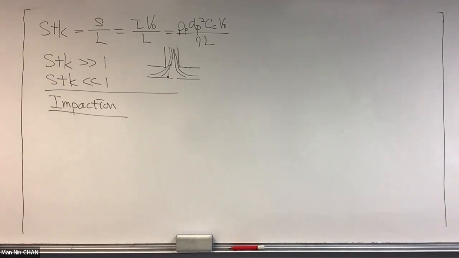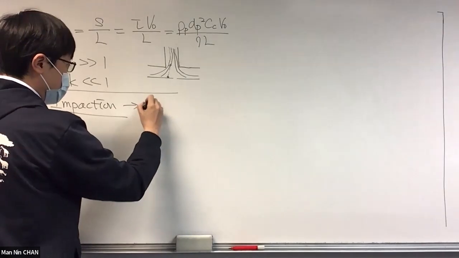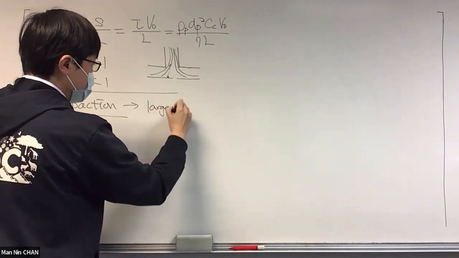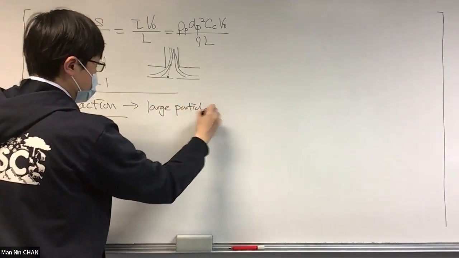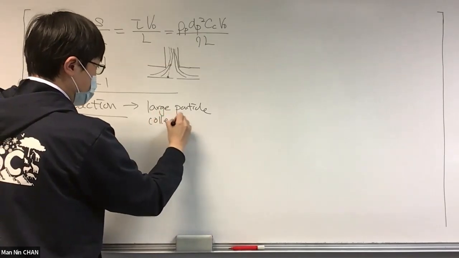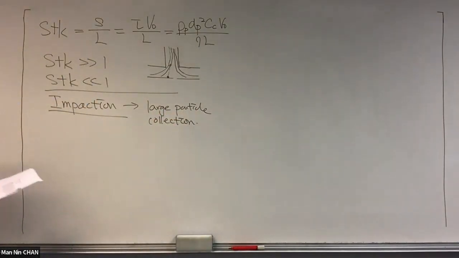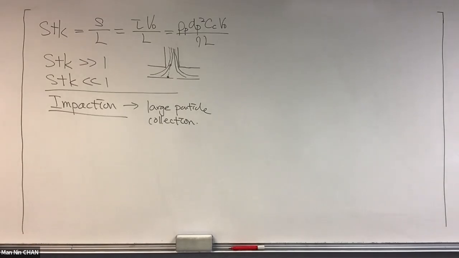It is an important mechanism for particle collection, especially for large particles. Most of the time, if we want to collect large particles, we will use impaction, so it is effective for large particle collection.